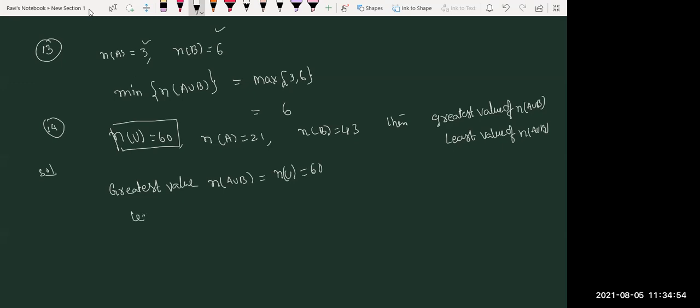Least value. Least value means this is normal, like how we are finding the maximum. 43, sir.